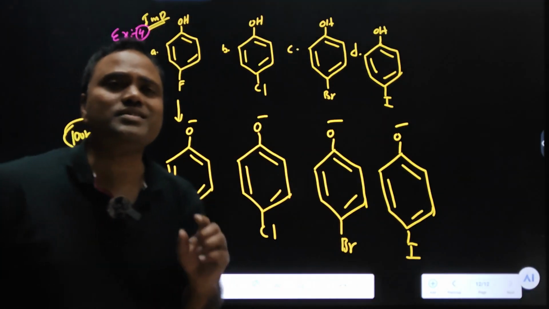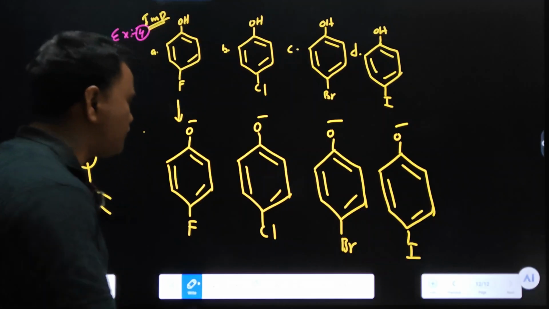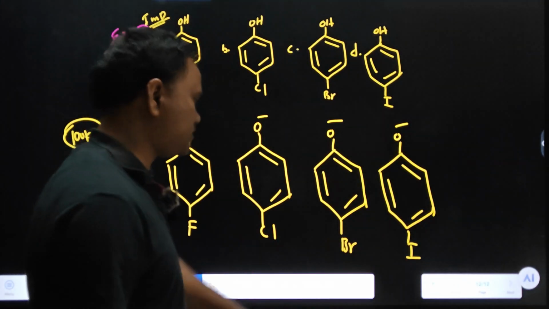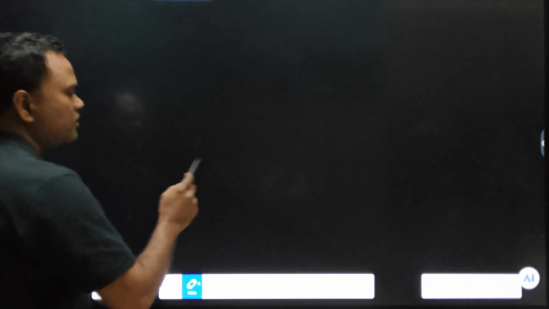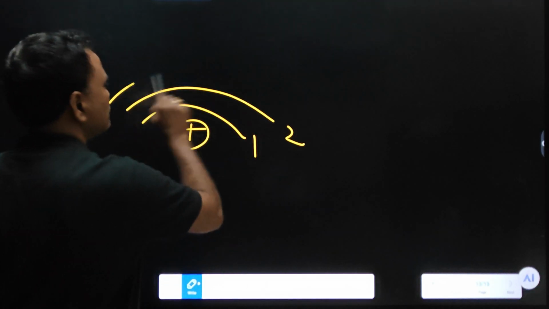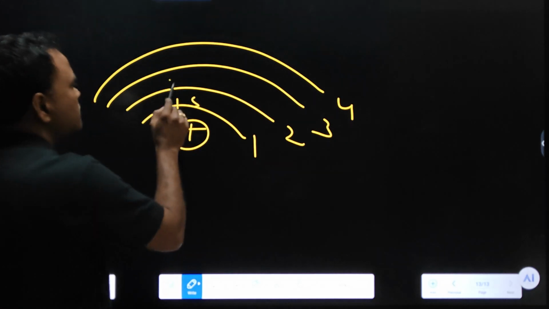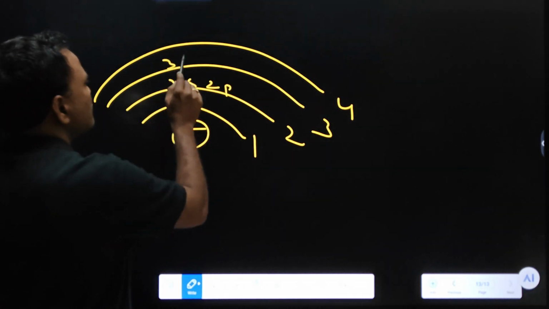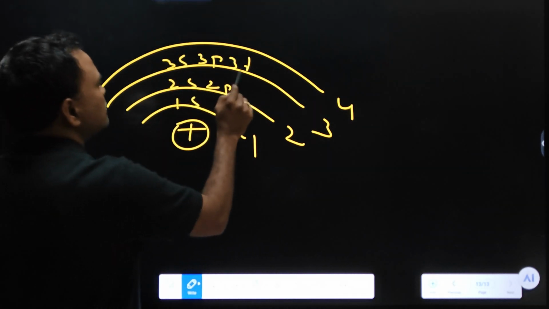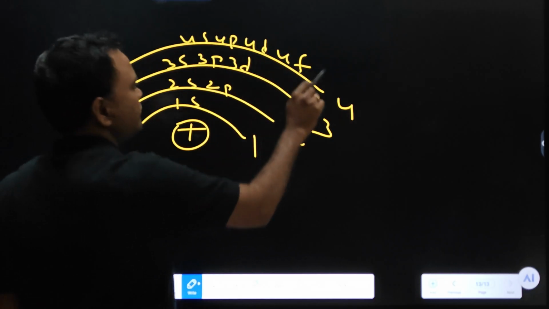Why is fluorine not having vacant rooms to accommodate that charge? See, fluorine belongs to the second period elements. This is first, second, third and fourth. What are the orbitals? 1s, 2s, 2p, 3s, 3p, 3d, 4s, 4p, 4d and 4f.